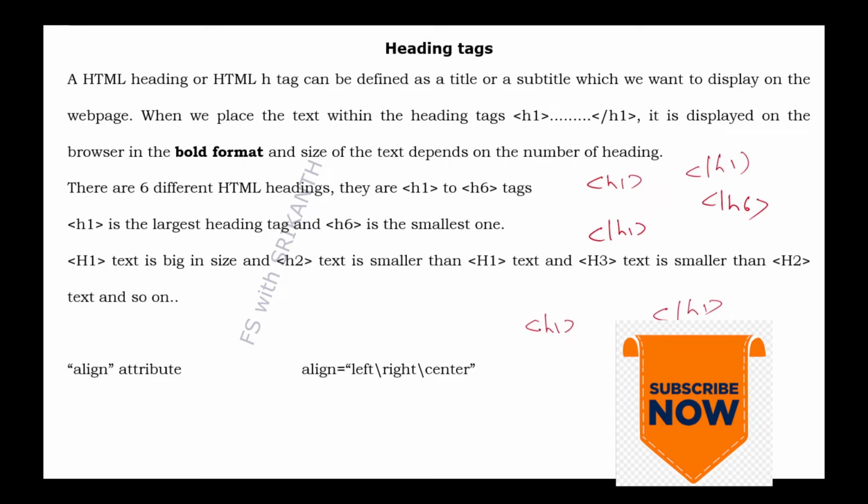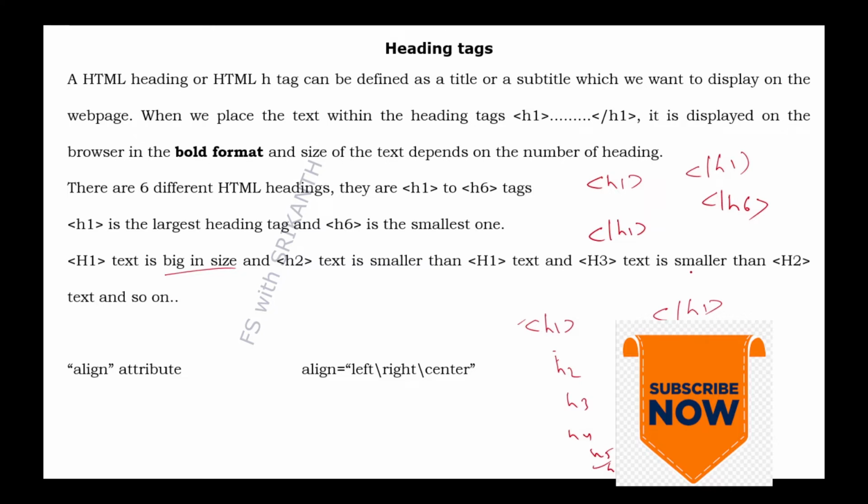When comparing with H2, H3, H4, H5 and H6, the content size is reduced. H1 is the biggest in size, and H6 is the smallest. From H1 to H2, H2 to H3, the size is reduced step by step, right?